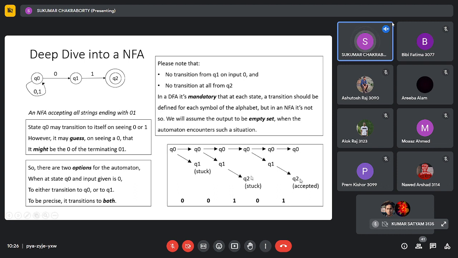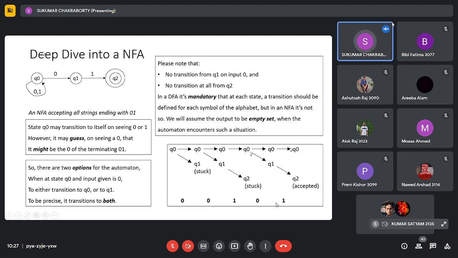So the final set of states is Q0 and Q2 after 00101. Now since Q2 belongs to this set and it is a final state, this means that this string is accepted.